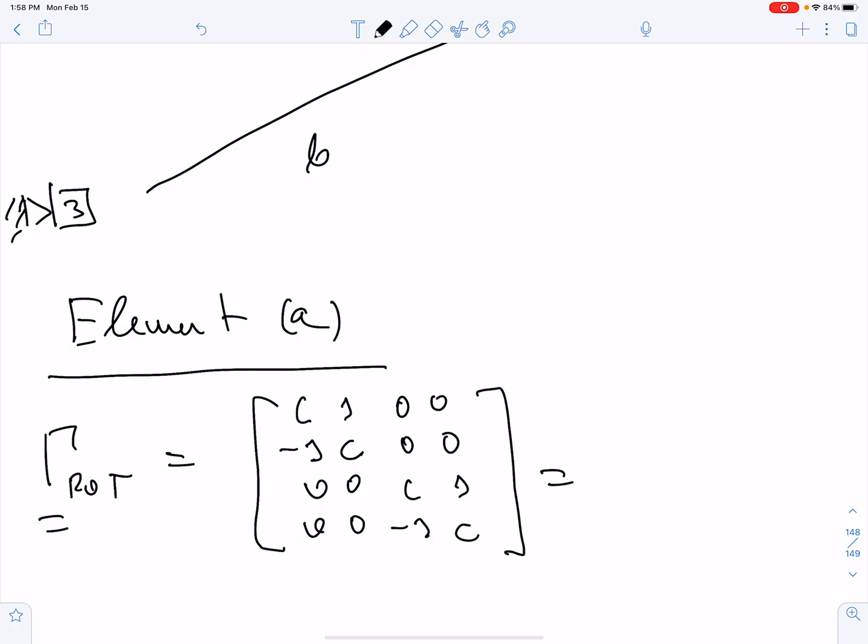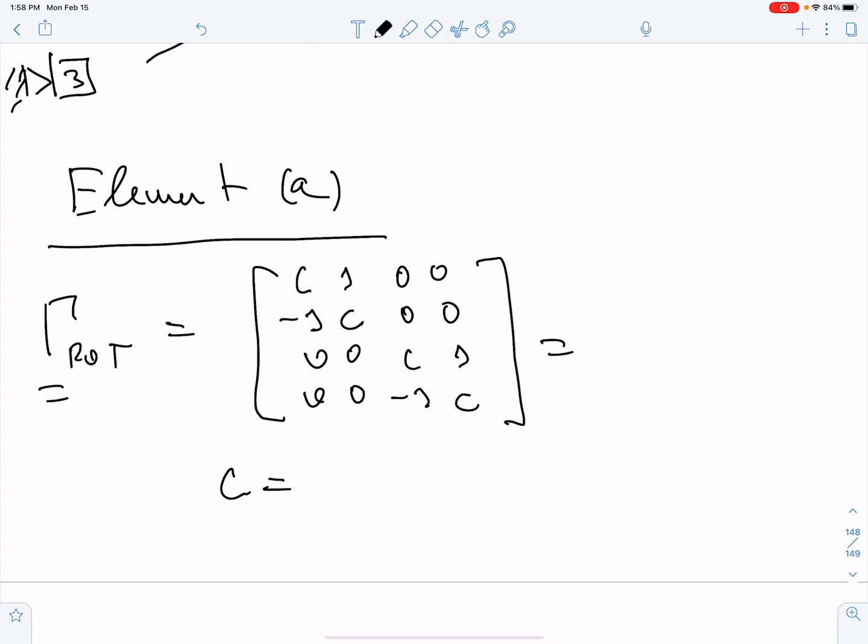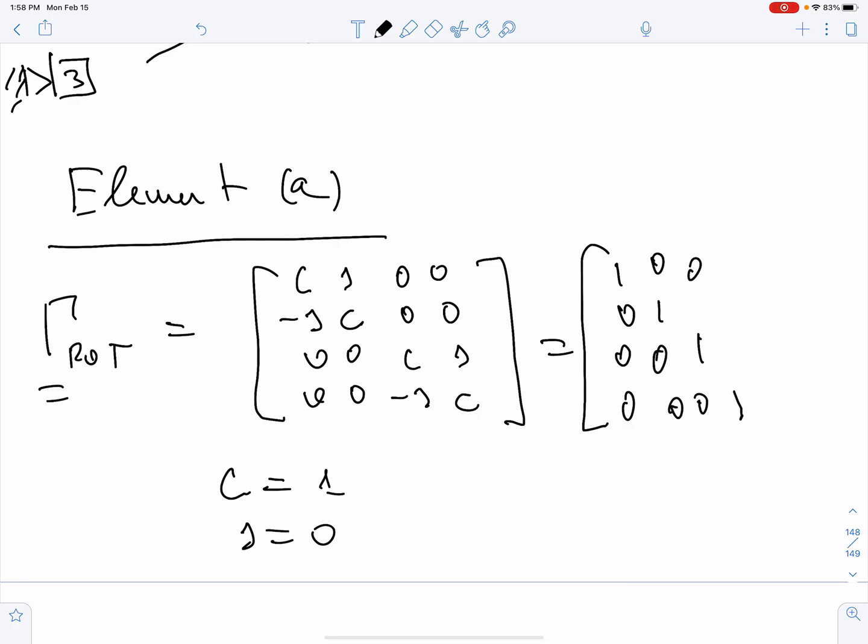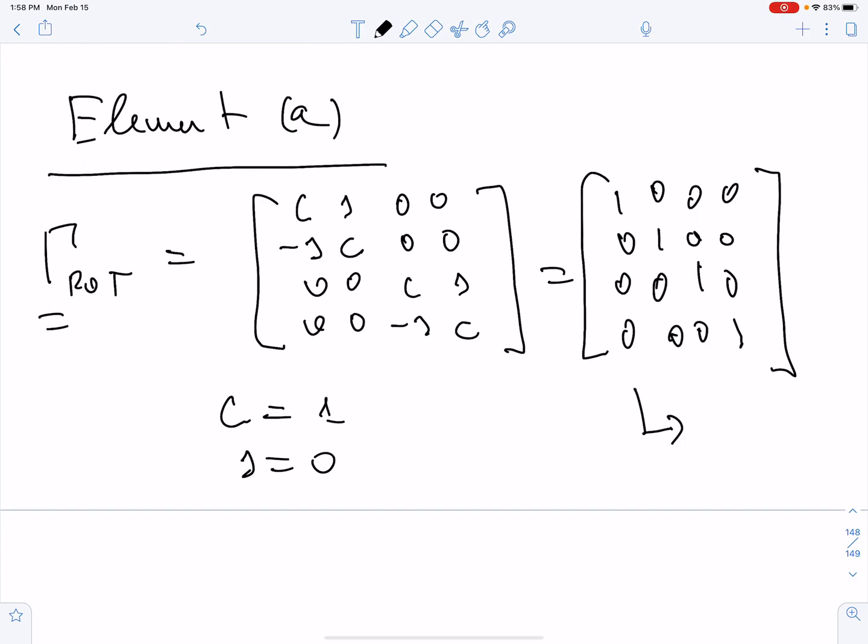The element was flat, so our cosine was 1, our sine was 0. If you plug in the entries, you get 1s on the diagonals and zeros everywhere else, and gamma ROT for element A becomes an identity matrix.